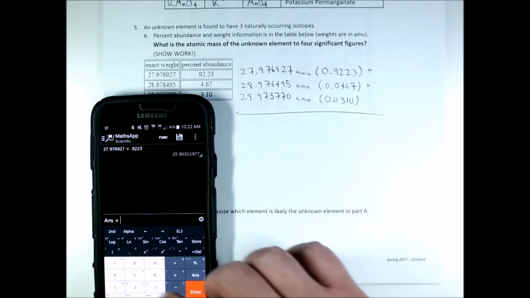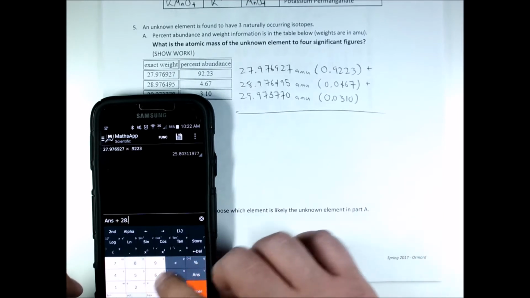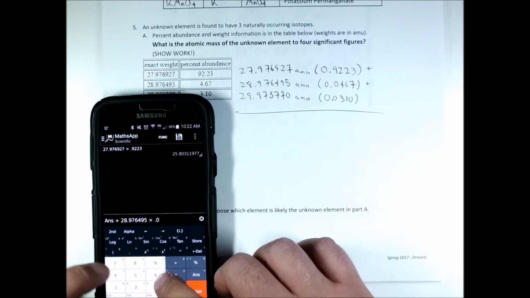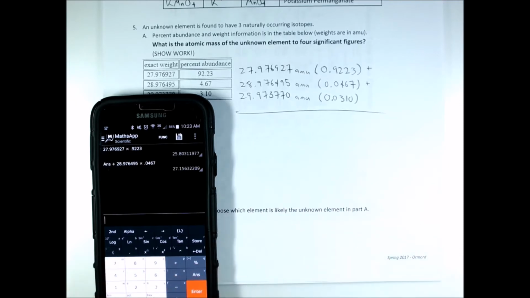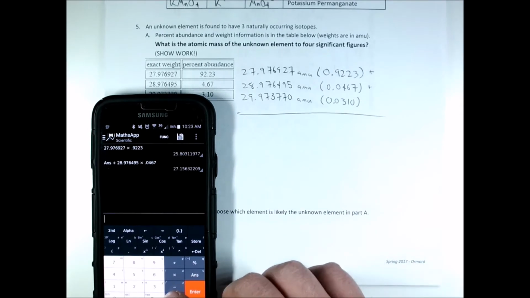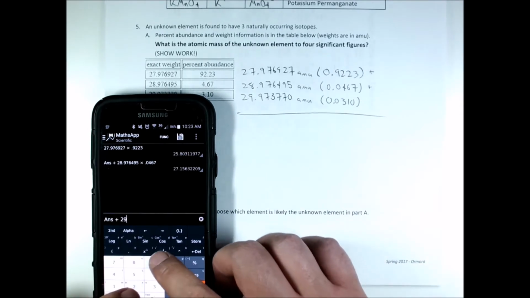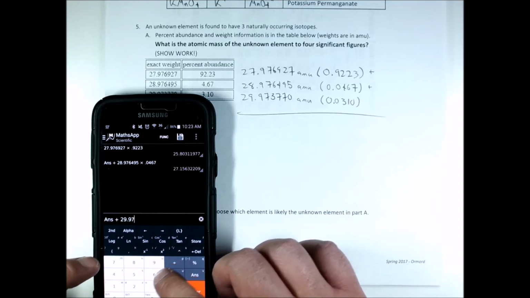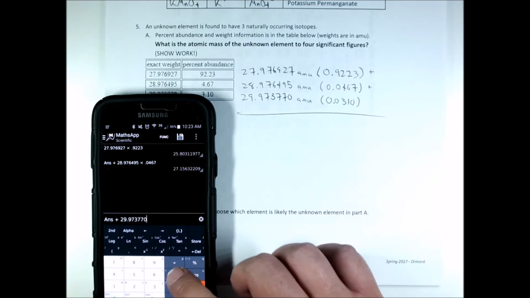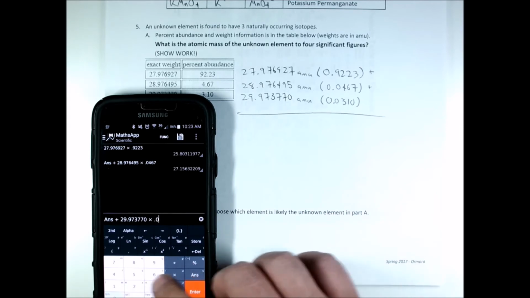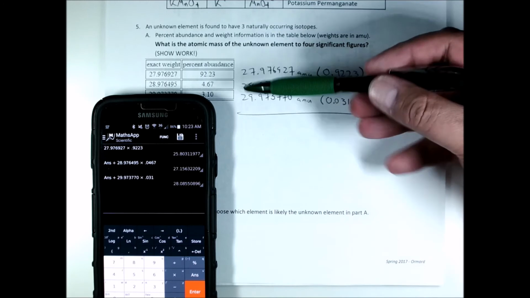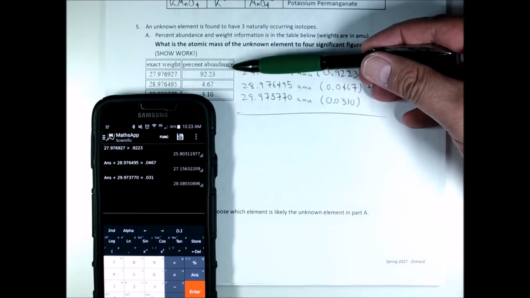And then plus 28.976495 times 0.0467. We get that. So we're getting closer and closer to the actual value. So 29.973770 times 0.031. All right, and notice how it's just like I said, it's really close to this value here.